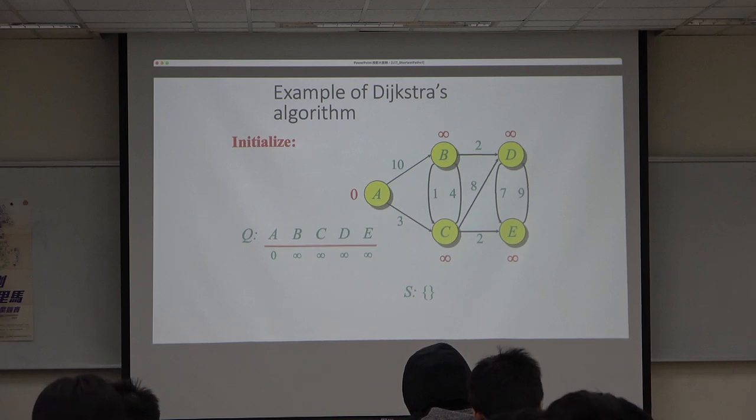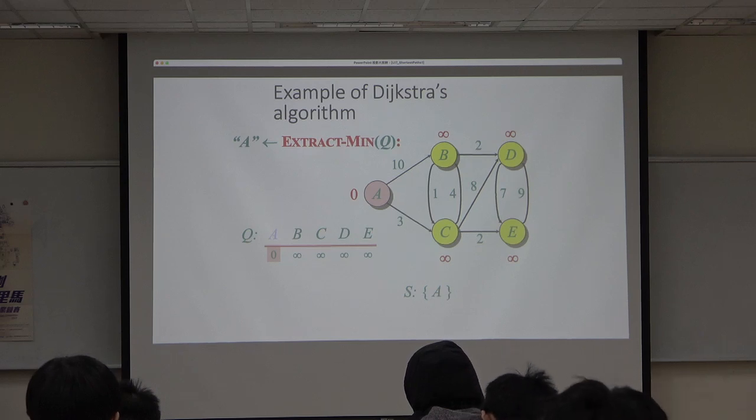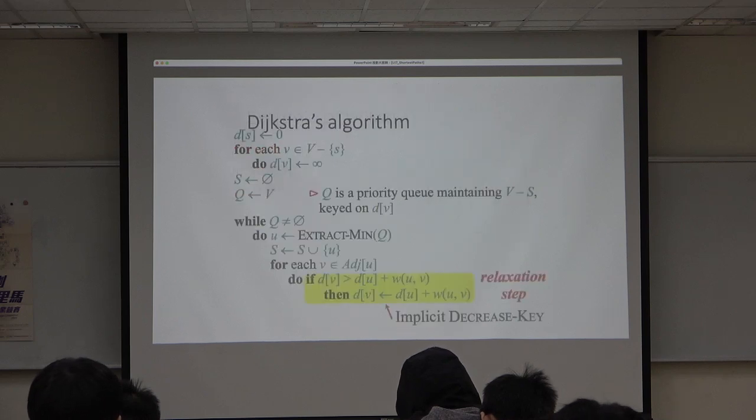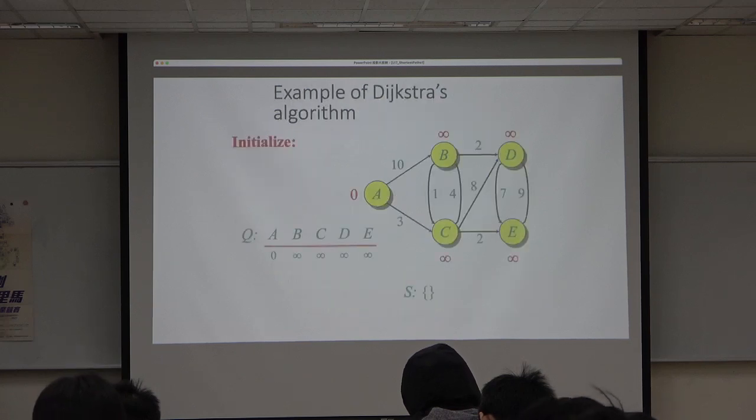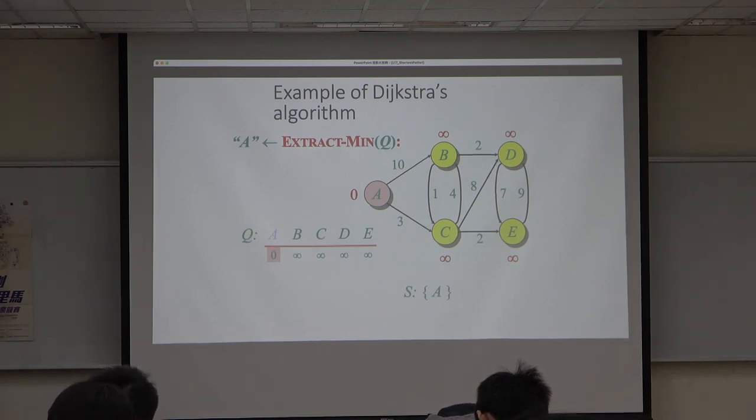By the way, you first include A into the set S, this line, this line, this line. We denote that by assigning a pink shade to this node, to indicate that we already know the shortest path to this node.